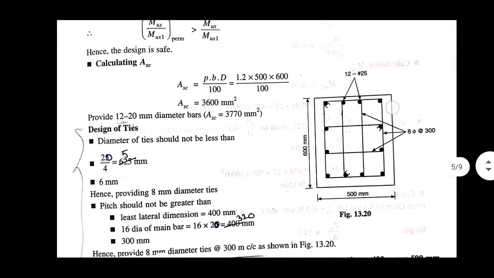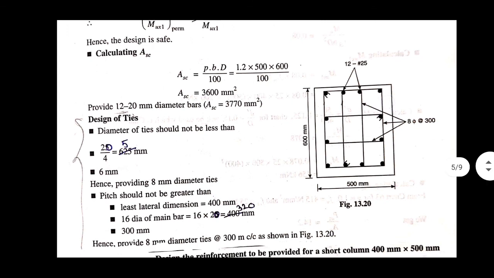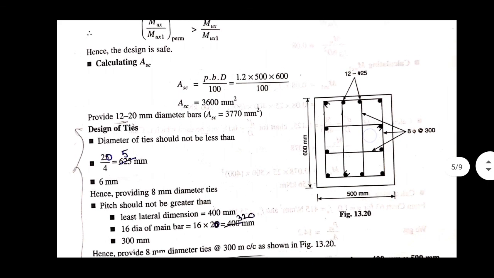Now the design of ties. The diameter of ties should not be less than 20 by 4, that is 5, so 6 mm, and hence provide 8 mm diameter ties.